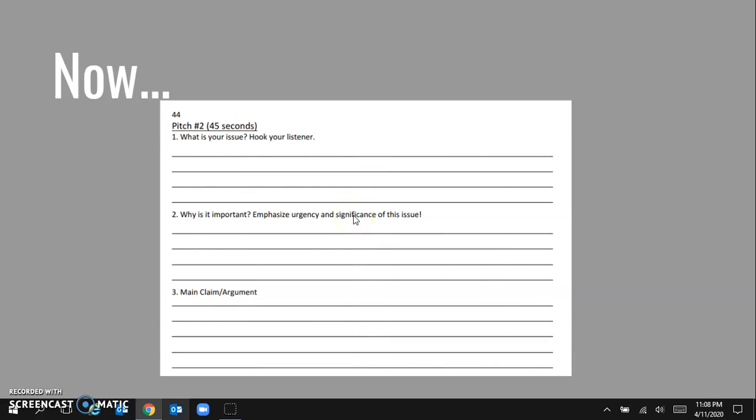If you are happy with what you wrote for pitch 1, you can copy some of that here and then add your claim, which you already wrote and submitted on Schoology. If you are not happy or satisfied with your first pitch, you can take this opportunity to make your second pitch stronger or better by making some changes to your hook or to your reason for why the problem is important.